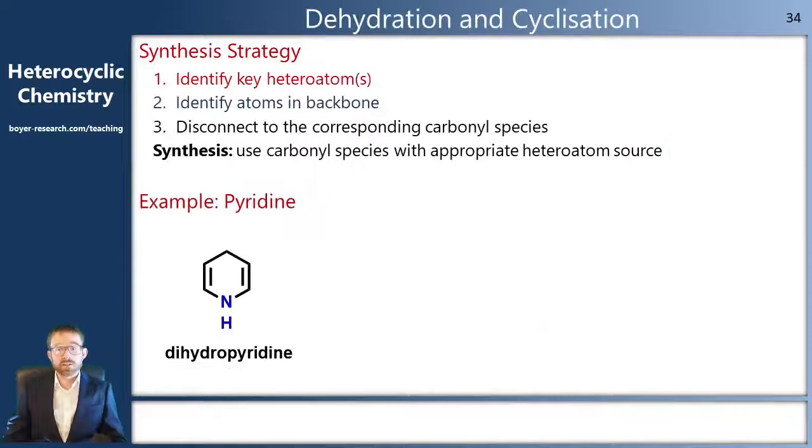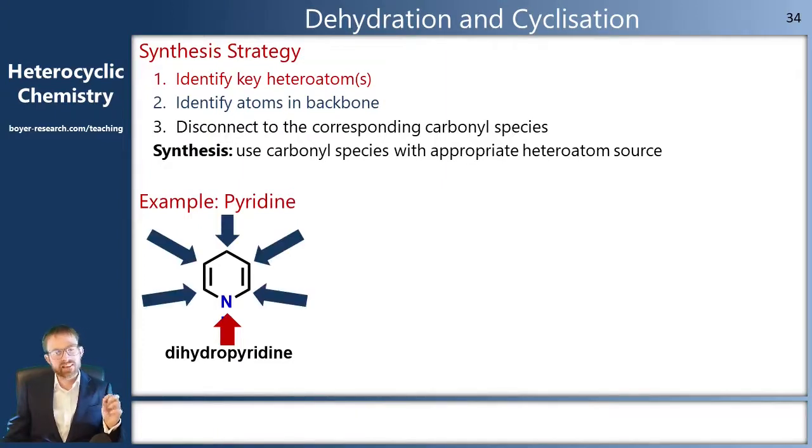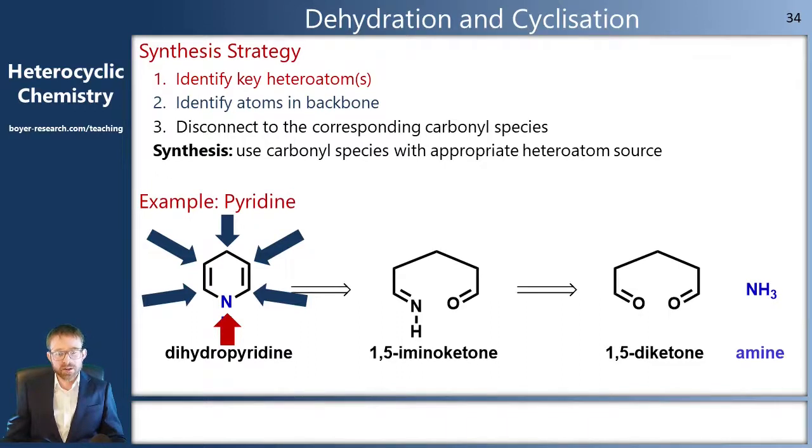This strategy doesn't just work with 5-membered heterocycles, we can look at 6-membered heterocycles. So if we, for example, look at a dihydropyridine, again, our key heteroatom is the nitrogen, and that now gives us 5 carbons in the backbone. So now we need to look for a 1,5 aminoketone, which will come from a 1,5-dicarbonyl and an amine source.